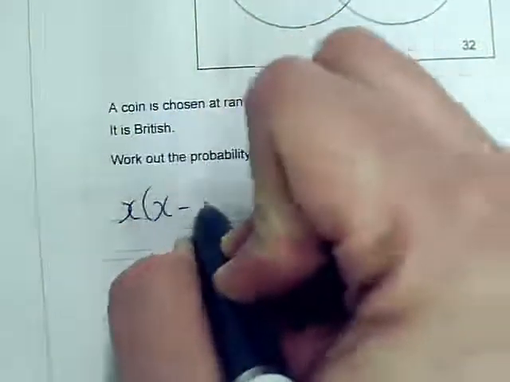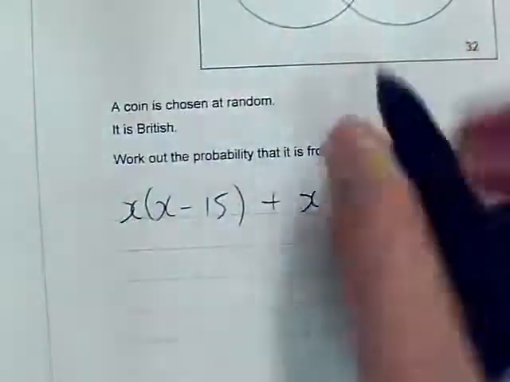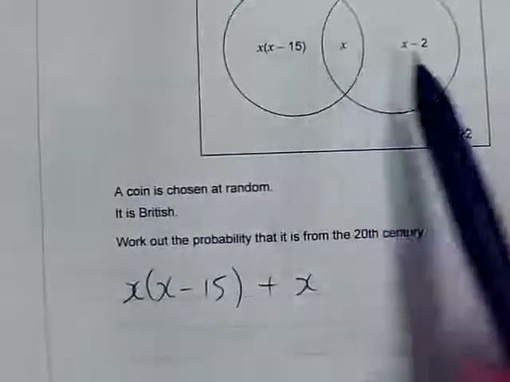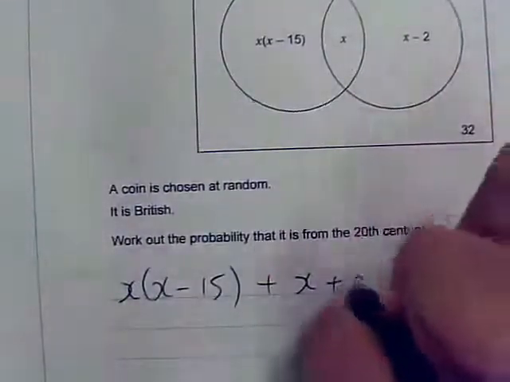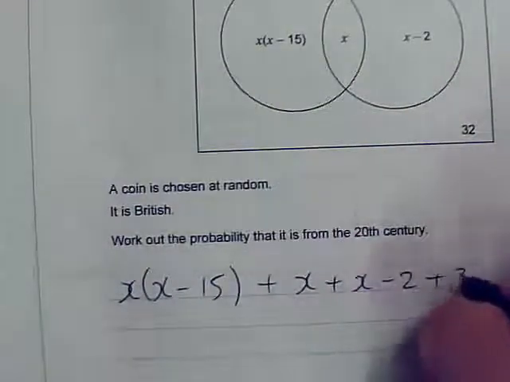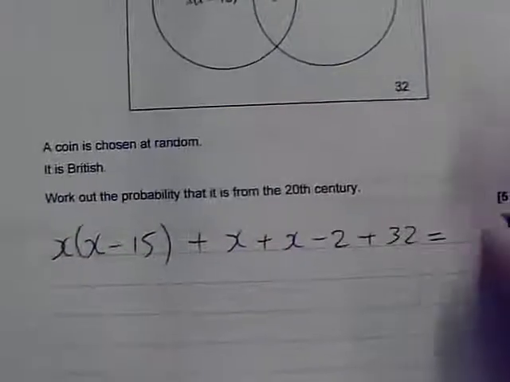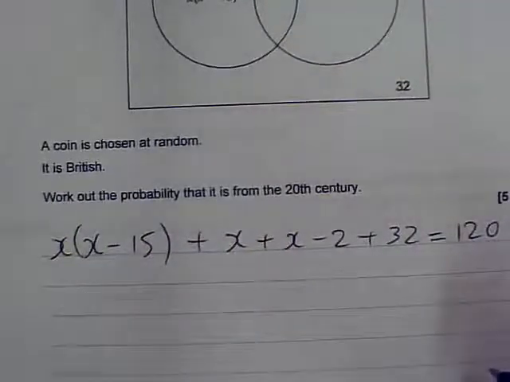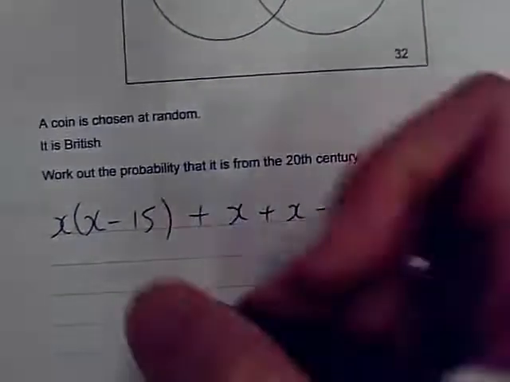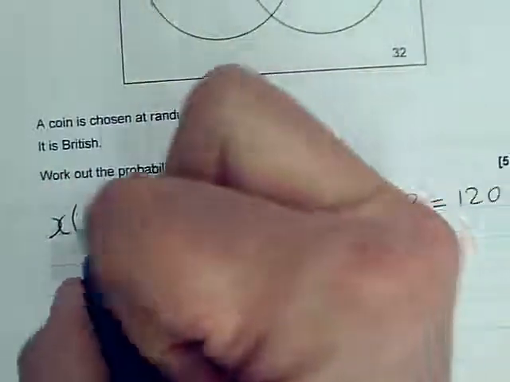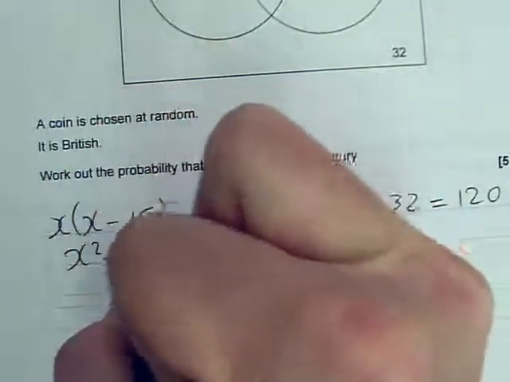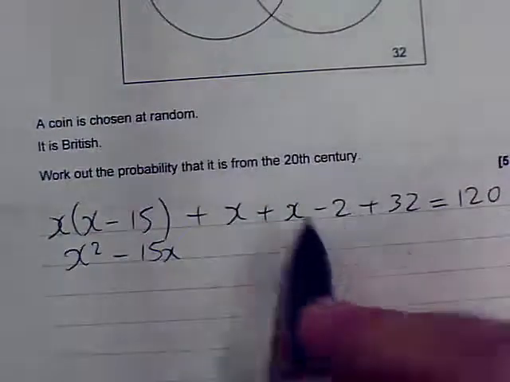So I'm going to write x brackets x minus 15, add x, which is the intersection here, plus x minus 2, plus 32, and we know in total that there were 120 coins, so it should equal 120. Now, expanding this out, I'm going to get x squared minus 15x.